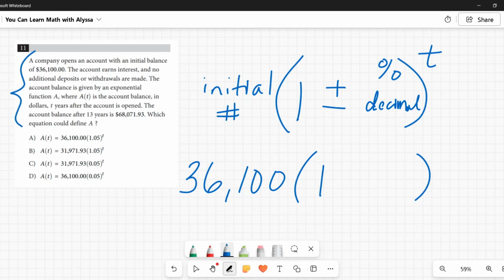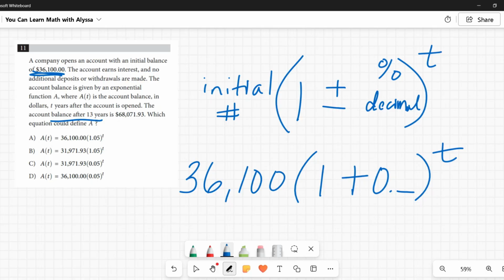There's nothing in here that tells me what the percent of change is, but I do know it's increasing because I started with 36,000 and my balance after 13 years is 68,000. That's nice. So it increased. So I know it's going to be plus something. It's going to be 1 plus a percentage, which I'm going to write as a decimal, 0 point something. And then it's to the power of t.